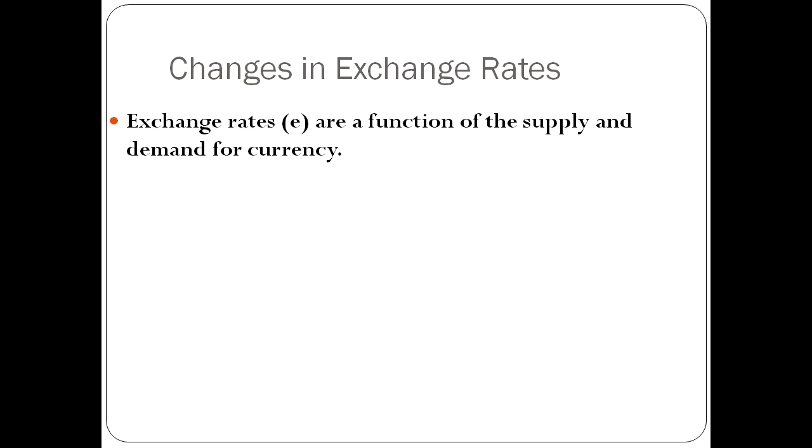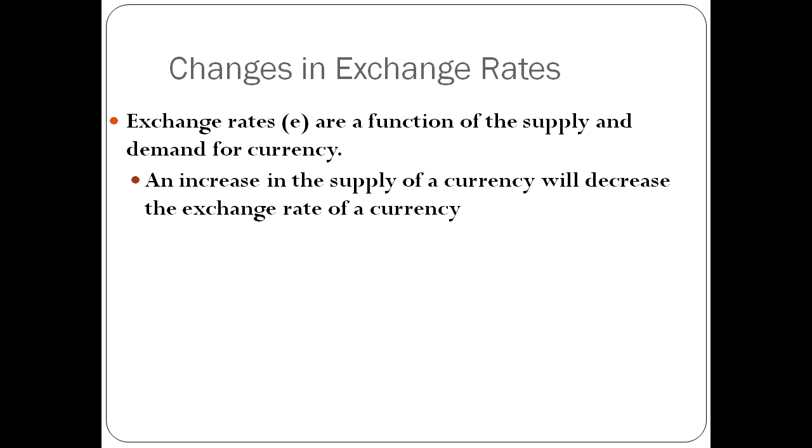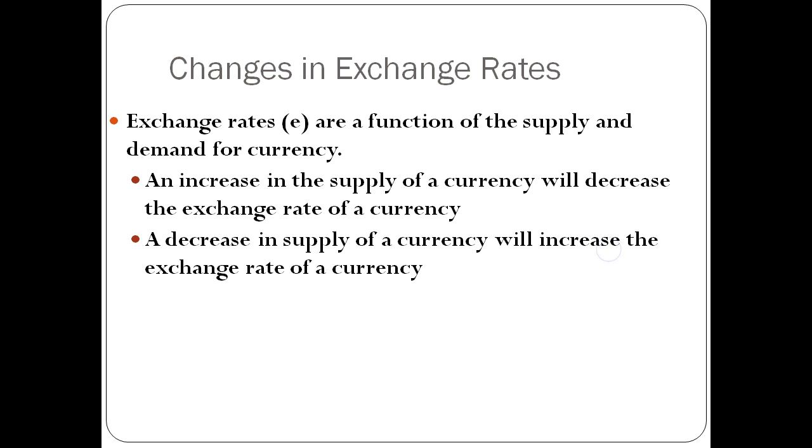Alright, let's talk about what happens when we have changes in exchange rates. So exchange rates, once again represented by the variable E, are a function of the supply and the demand for currency. An increase in the supply of a currency will decrease the exchange rate of a currency, and when the exchange rate of a currency decreases, that is called depreciation. The currency is becoming less valuable.